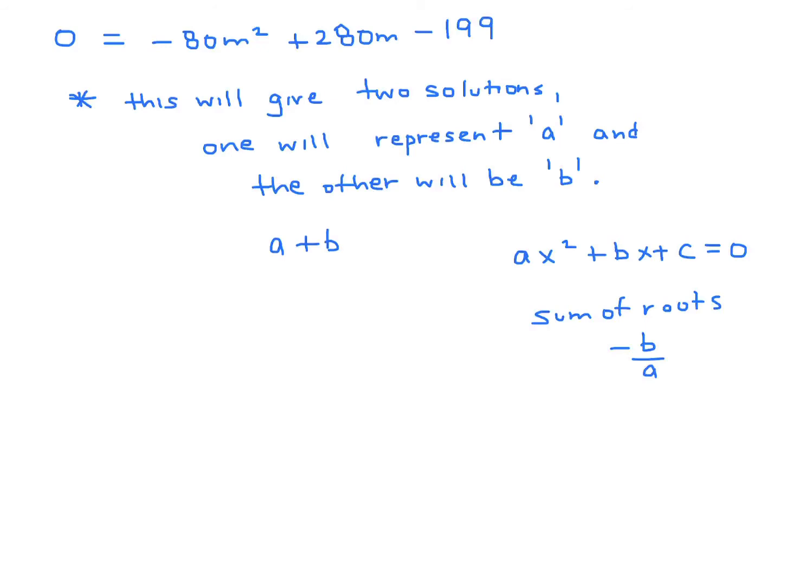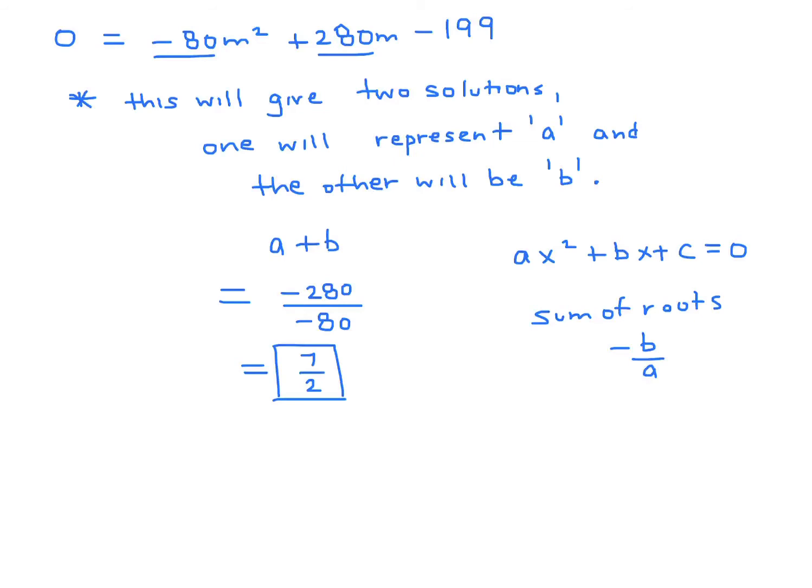So the sum of the roots, therefore A plus B, is minus b over a in here. This is, of course, b, so it'd be minus 280 over minus 80. And therefore that is equal to, in lowest terms, 7 over 2. And that's basically the answer to this question.